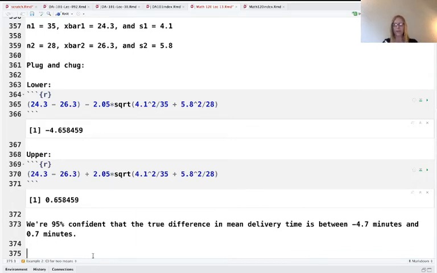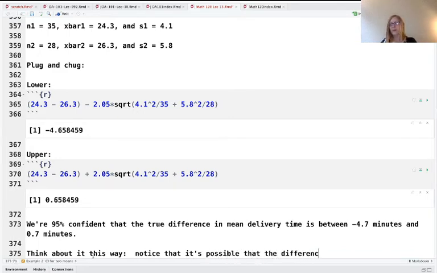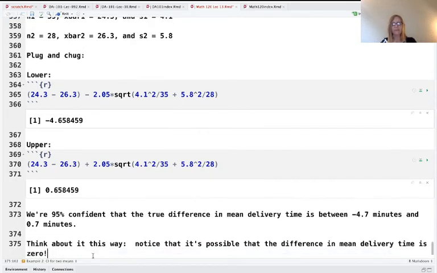Maybe think about it this way. Notice that it's possible that the difference in mean delivery time is 0. Think about that. Imagine we've got this number line.